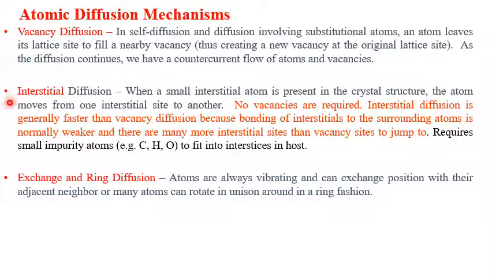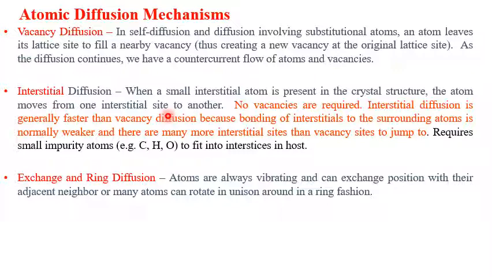The next one is interstitial. Interstitial diffusion, as I said, occurs if the foreign atom has a smaller radius, equal to or lesser than the interstitial position between the atoms.